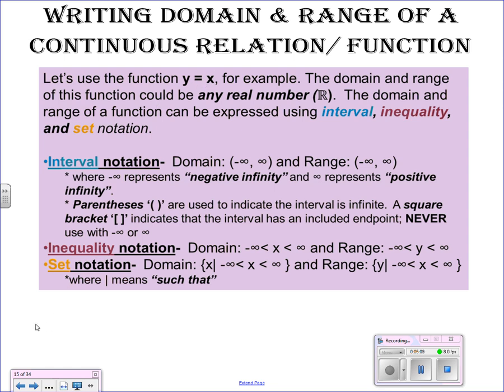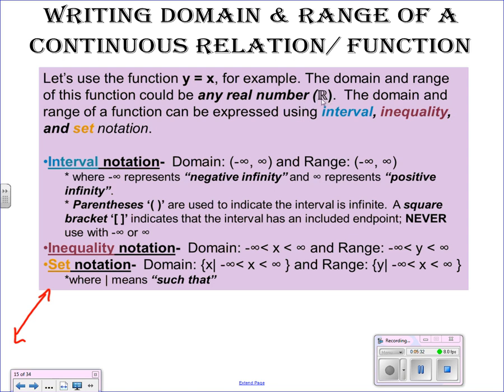If I were to graph it, it's a straight line, and since it's a line, that means it goes on in both directions forever. So the domain of a line and the range is, in words, any real number.